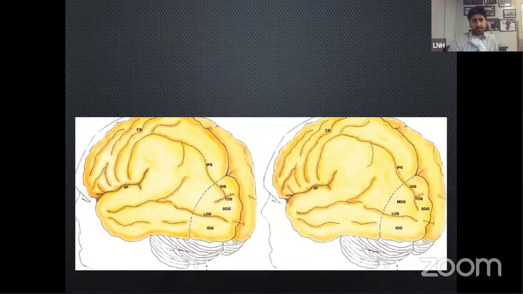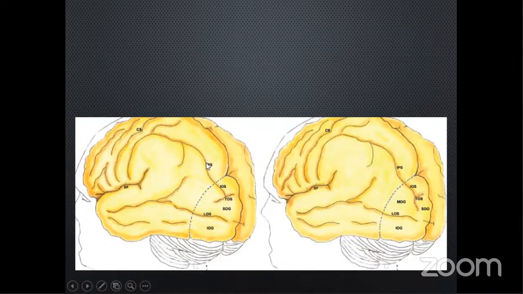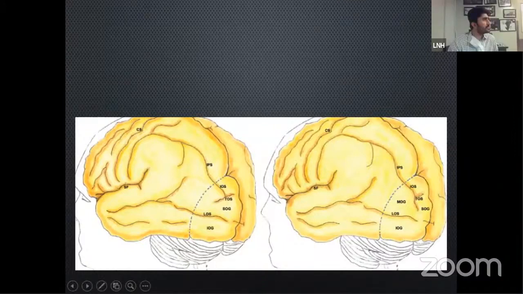So we can see the intraparietal sulcus from the parietal lobe continues down into the occipital lobe as a continuation of the intraparietal sulcus.